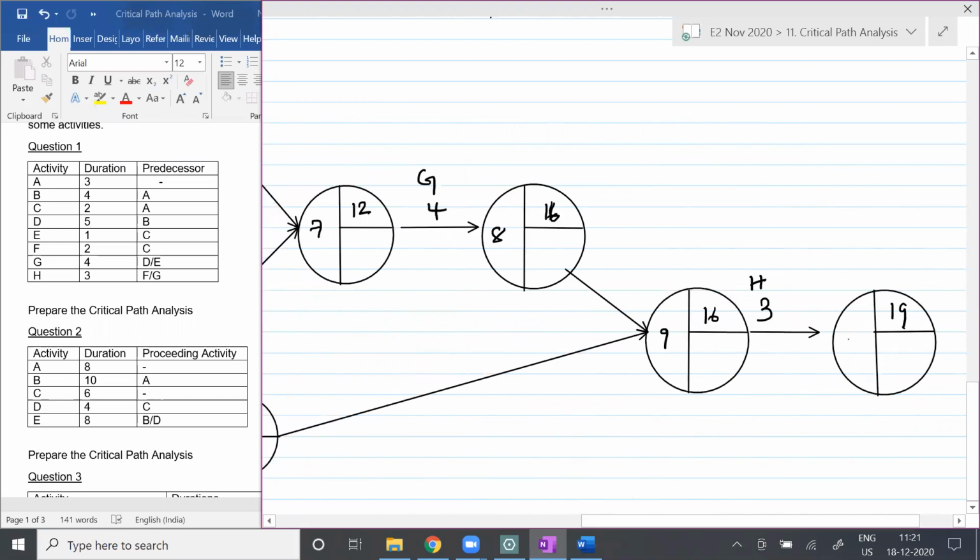So I will put this as the 10th activity. Are you clear with that, students? But if you observe here, 1, 2, 3, 4, 5, 6, 7, 8. Why is number 10 coming here? The main reason is there are two interrelated activities making one activity. You got the point.